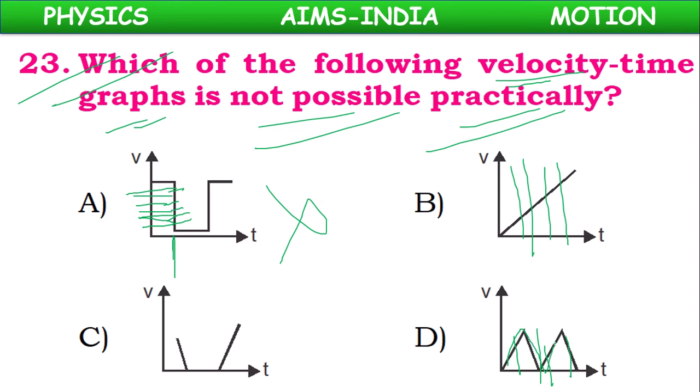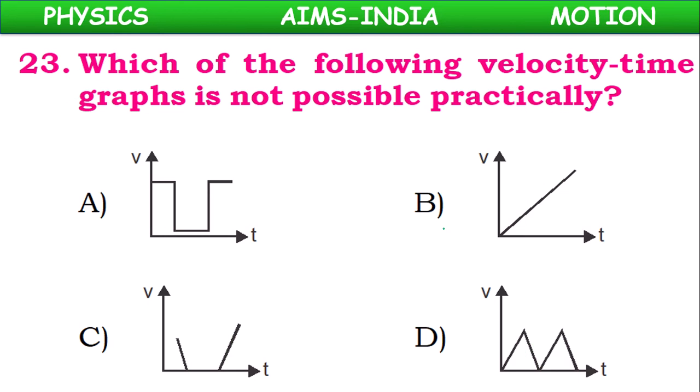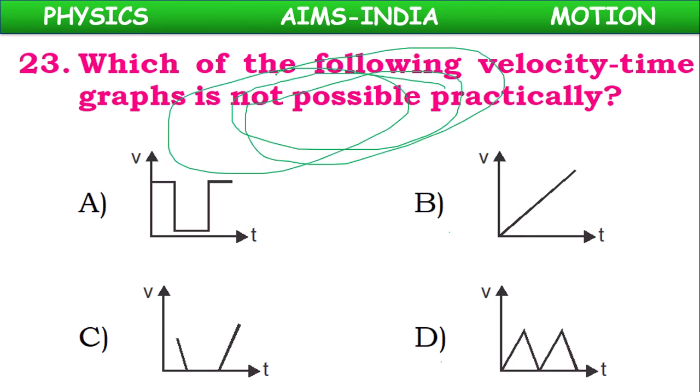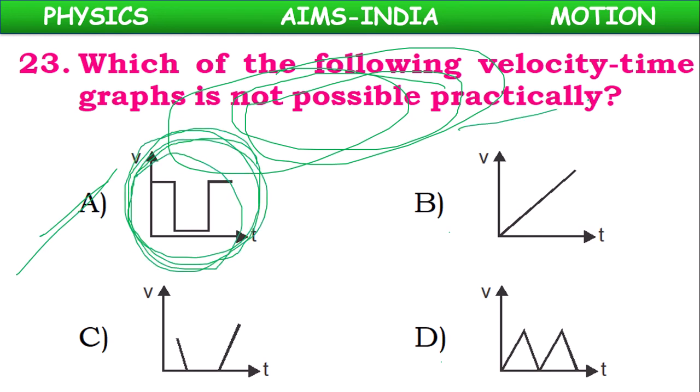Velocity may increase or decrease, no problem with that. But the perpendicular line intersects at only 1 point. So these three are possible. But they have asked which of the following is not possible. So this option A velocity time graph is not possible practically, means in a real life situation.